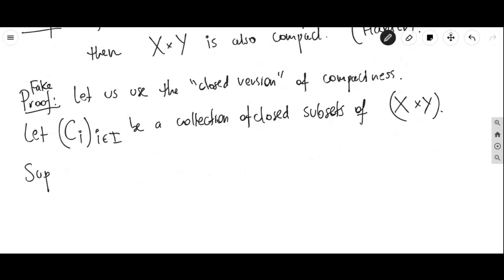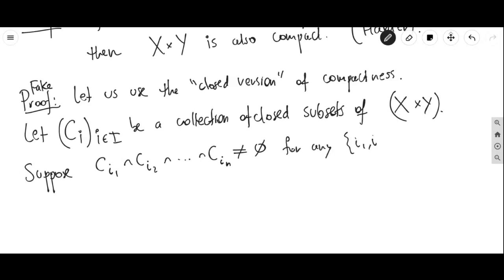And we're going to suppose that if you choose a finite number of them, that the intersection is non-empty for any finite subset.